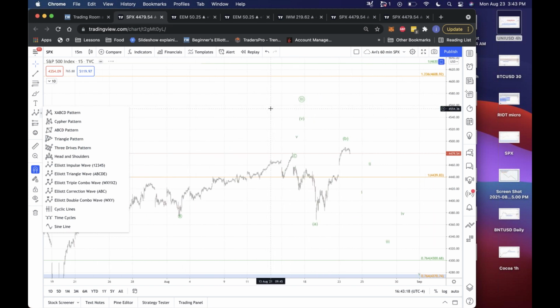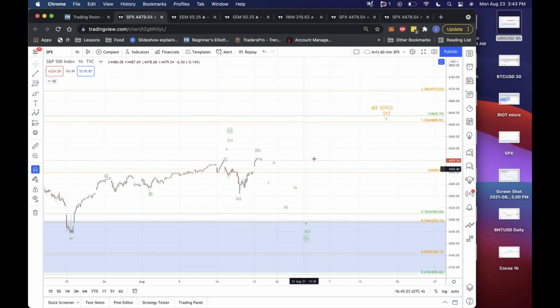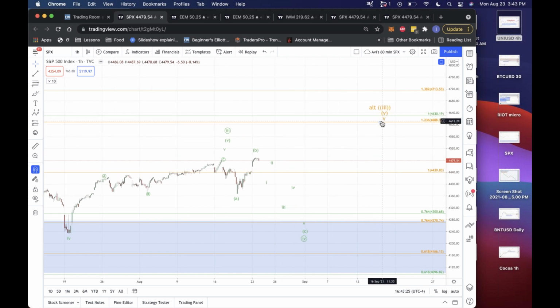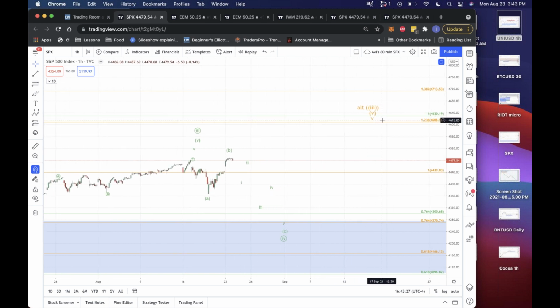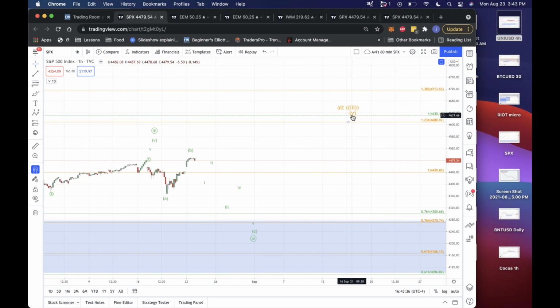And again, as per the bigger degree chart here, we'd still be expecting a big pullback, but it could come from as high as the 4600 region in mid-September, or perhaps this becomes really protracted and extends all the way out to October. I don't see that as likely, but for those of you who are new with us, Elliott wave is not primarily a market timing tool.